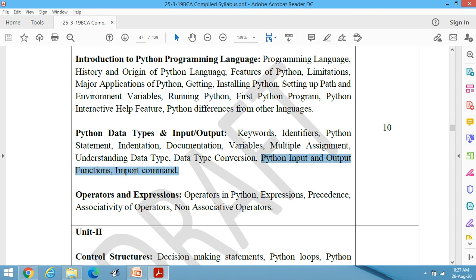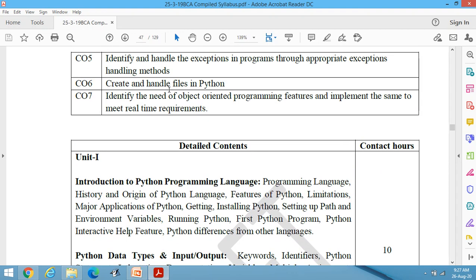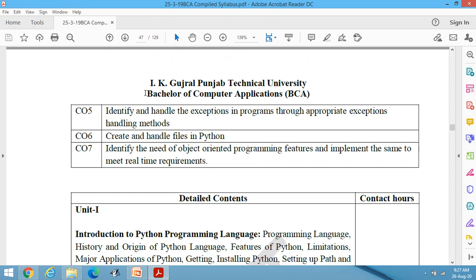We have already discussed these topics. It's part two of Unit 1 for BCA third semester, as per the syllabus of IK Gujral Punjab Technical University, Jalandhar.